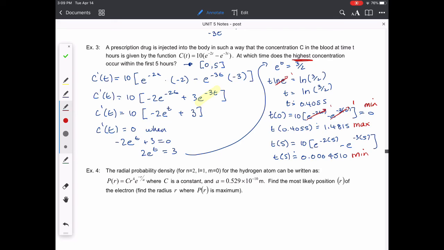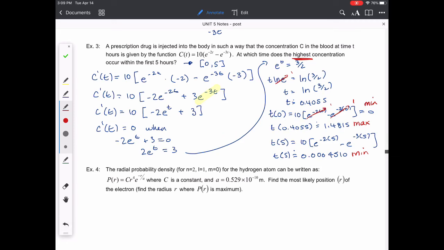I don't have room for the therefore statement. So I'll put it at the bottom.